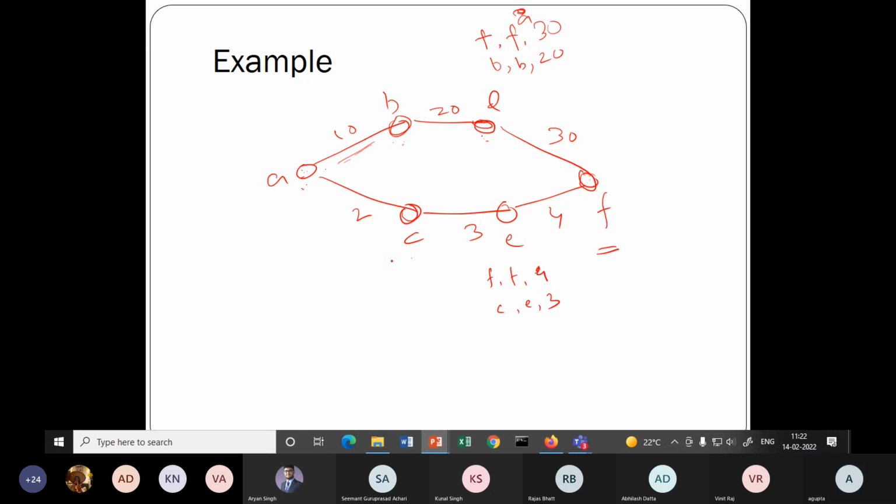C then knows, after the first step, that it has E directly connected with 3, A directly connected with 2. And this message is getting lost, the C to A message. So what does B know? B knows D directly connected with 20 and A directly connected with 10.